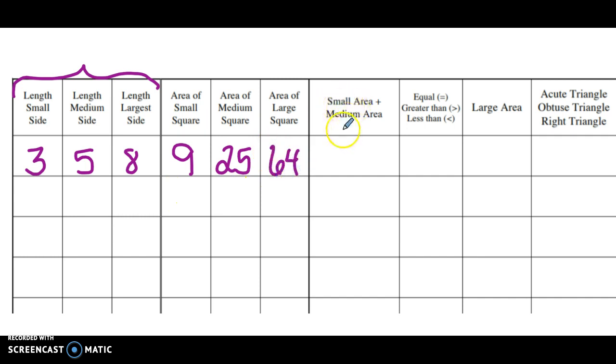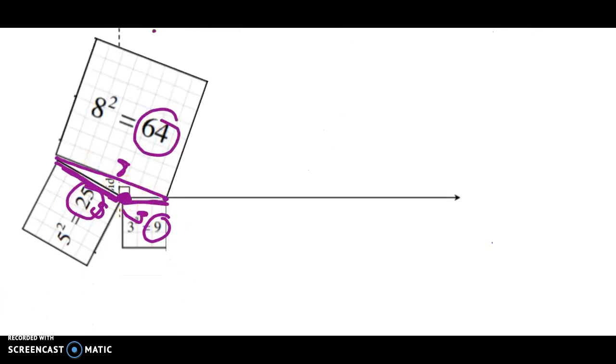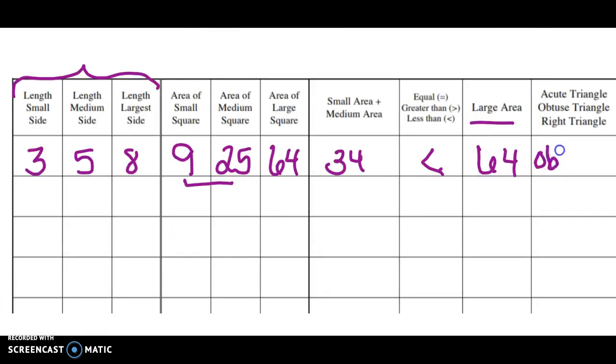Now you want to add up the small and the medium area. 9 plus 25 is 34. Then skip to the large area, which is 64. Now compare: is 34 greater than, less than, or equal to 64? It's less than. And what type of triangle did we create? If I look at it again, it's an obtuse triangle, so I'm going to write obtuse.